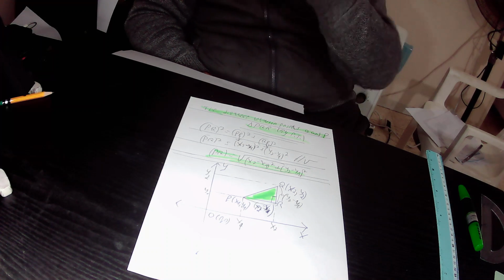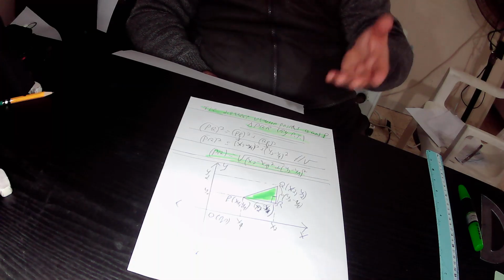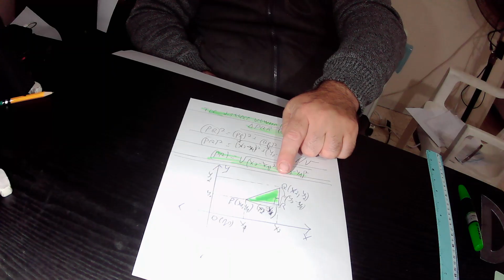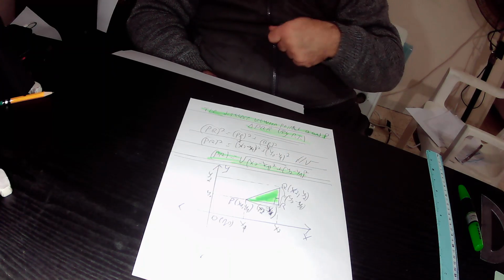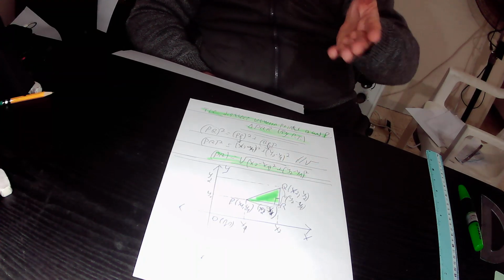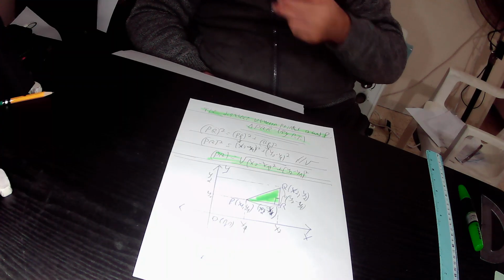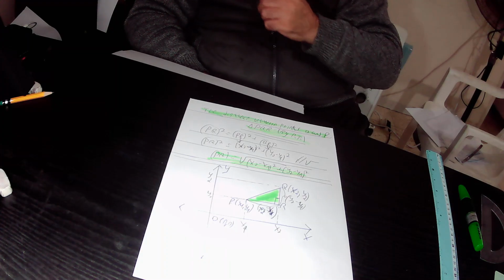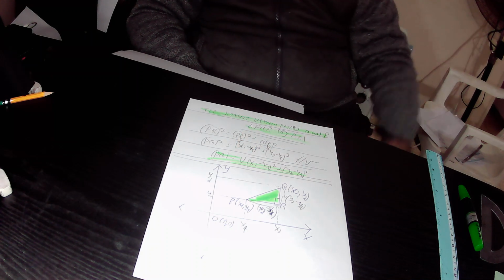So this equation gives us the distance between any two points, because points Q and P could be any points. If you take 2 points, you create a right triangle like this, and you calculate the length of the hypotenuse according to the Pythagoras theorem, and the length of the hypotenuse is the distance between the 2 points.